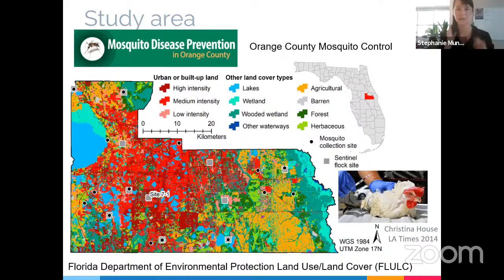So the study area is in Orange County, which is located here in Florida. You see the bulk of the center part of the county, this is Orlando, and then you have agricultural land cover over on the east side. They have 11 sites where they monitor sentinel chicken flocks for arthropod-borne virus antibodies.